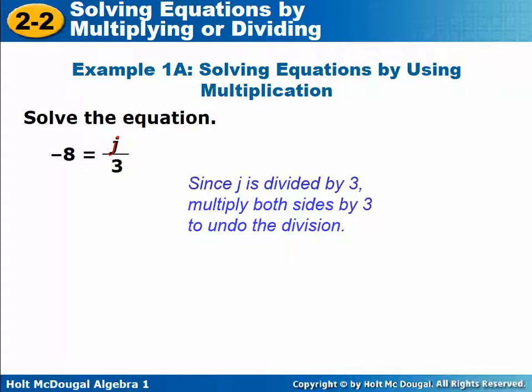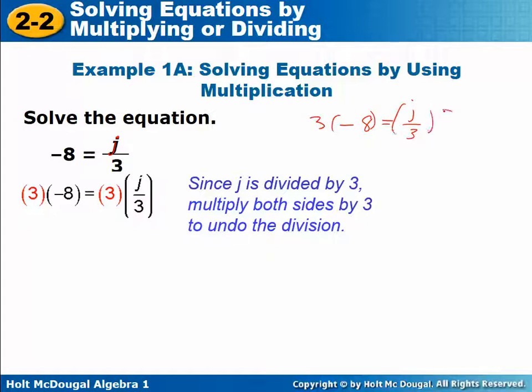Now there's different ways to show your work when you multiply both sides by 3. You can put everything in parentheses like they did. They multiplied both sides by 3. They put the 3 in the front and the 3 in the front. If I was doing this problem by hand on a piece of paper and I had j divided by 3, I would just write multiply by 3, multiply by 3.